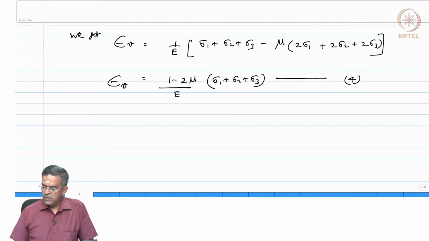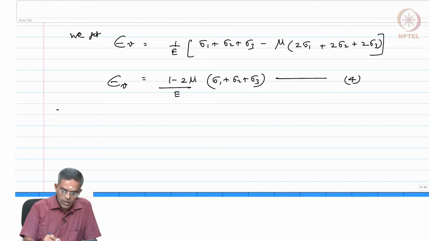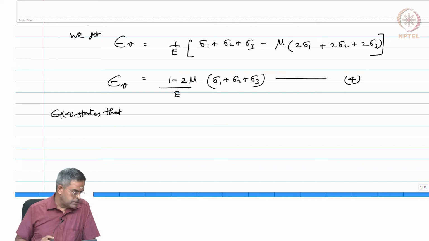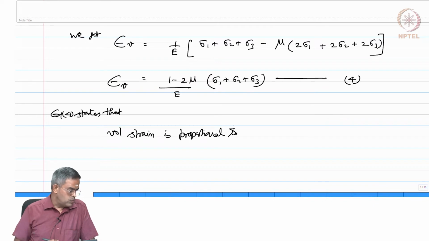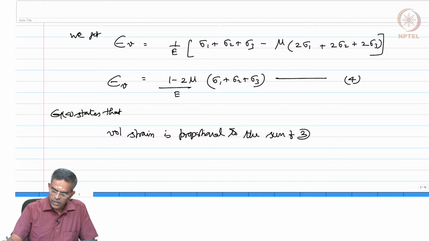Look at this equation carefully. Equation 4 states that volumetric strain is proportional to the sum of the 3 principal stresses.